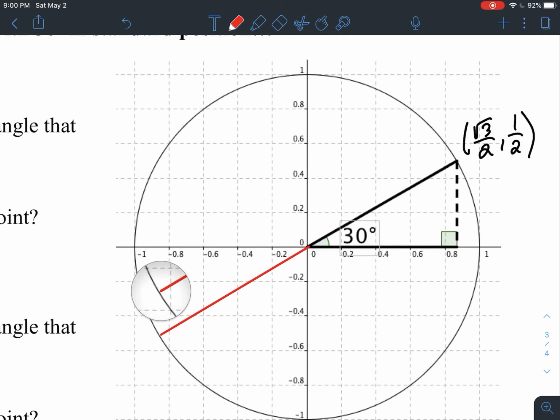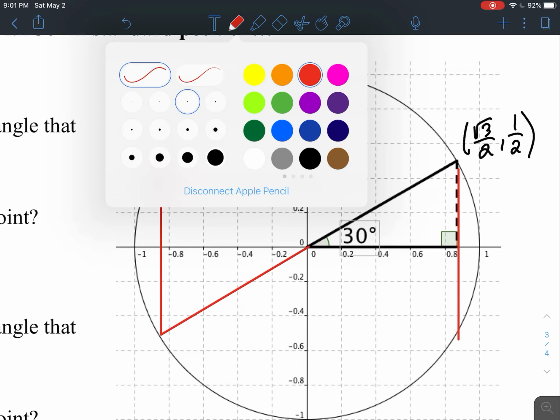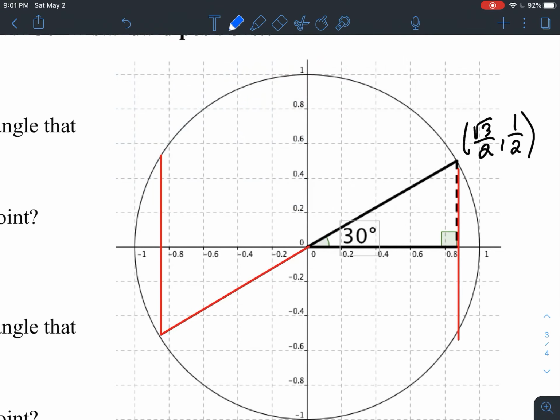I'm going to do a little cheating here to get it lined up. Go straight vertical, and now we go like this. Yep, that's good.